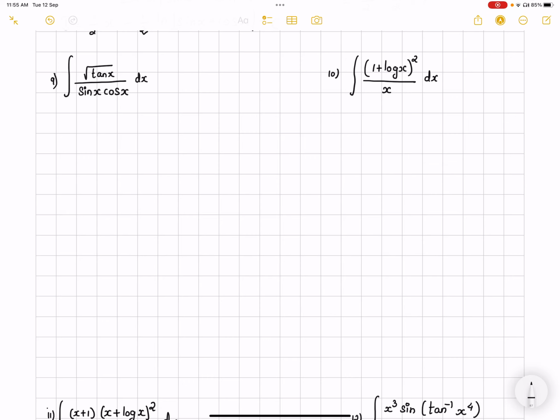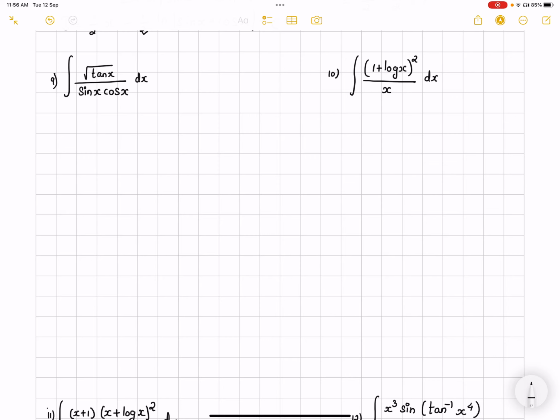If I consider tan x to be equal to t, I would be getting secant square x dx equal to dt. But do I have secant square? I have only secant, but I don't have secant square. So before going for substitution, I need to make it in such a way that I get a secant square in my question, so that the substitution I wanted to do can succeed.